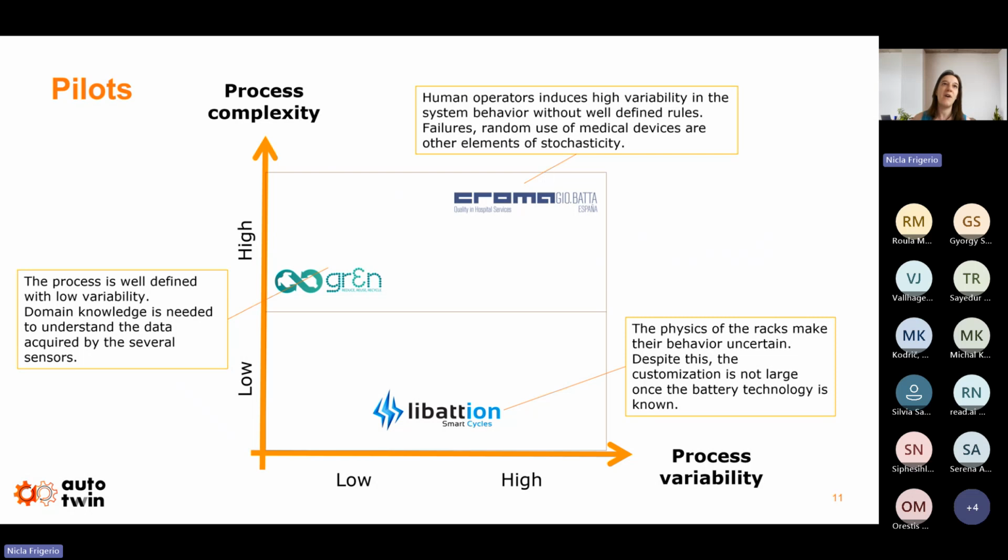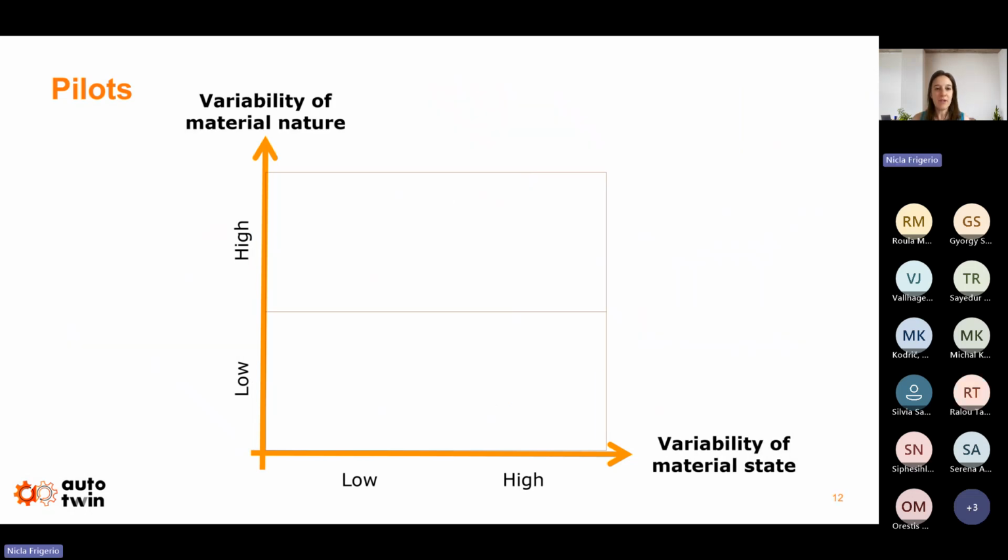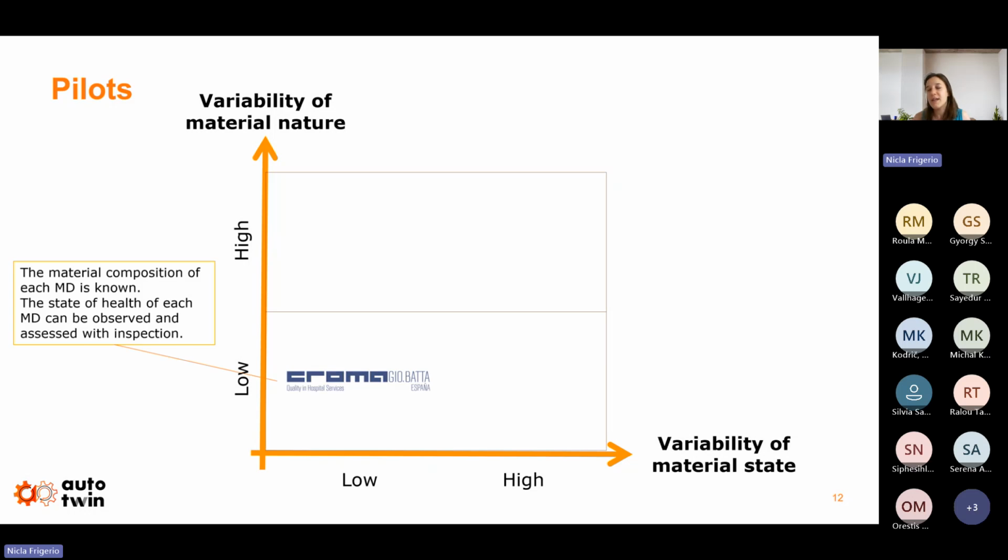Chroma, instead, has very high process complexity because it's mostly manual, and very high process variability because you have a very high range of products, medical devices, and a very wide range of usages according to each surgery type, emergency, and so on.